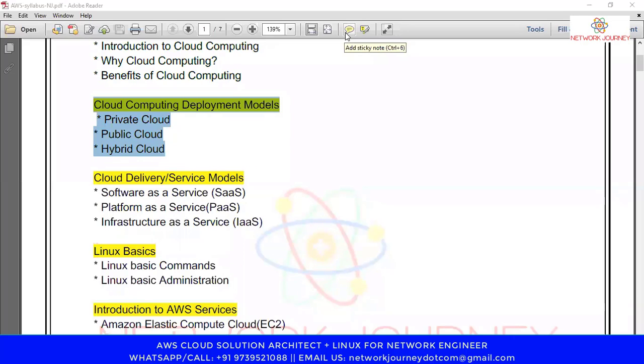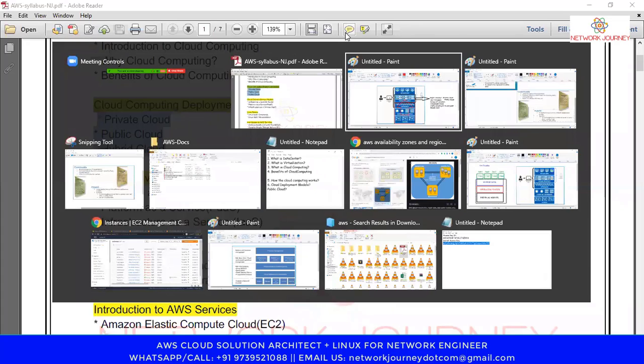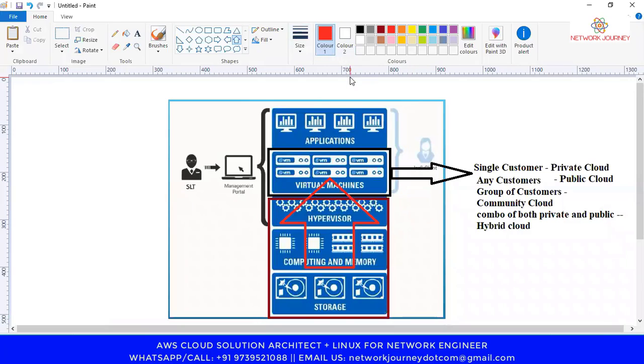Okay. But all this virtual setup will be taken care of by the cloud. That is the reason, as I explained till now, this complete physical resources and hypervisor will be taken care of by the cloud. So this is the portion of cloud. Let me write the same. This area will be taken care of by the cloud actually.